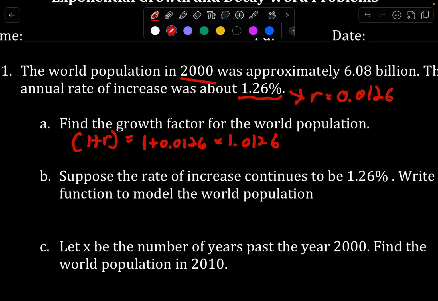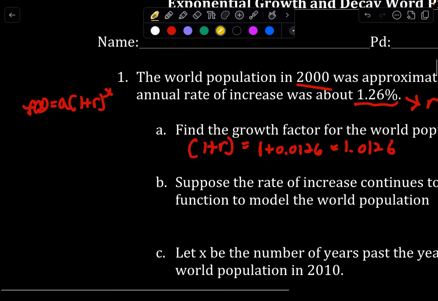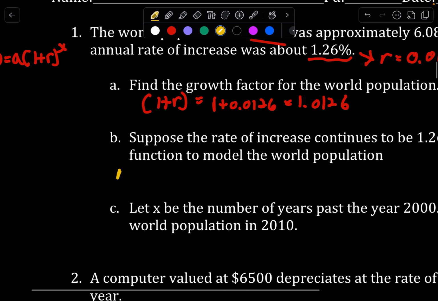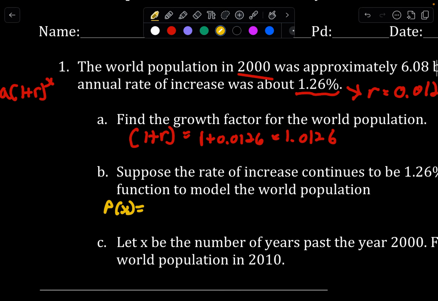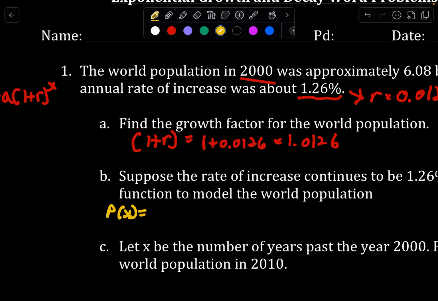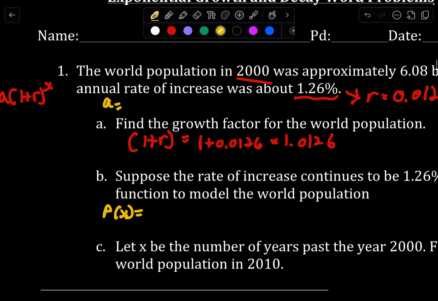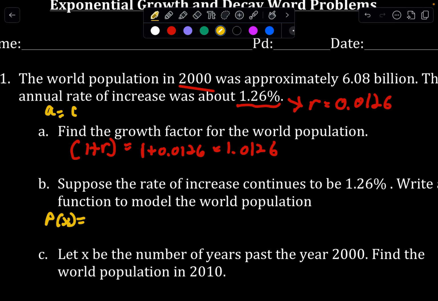Now, again, it's P of x equals a, which is the initial amount, and in this case, a equals 6.08 billion. Now you could write all the zeros down and write it out as a billion, but we're just going to know that 6.08 is a billion. So our numbers are going to be in terms of billions.